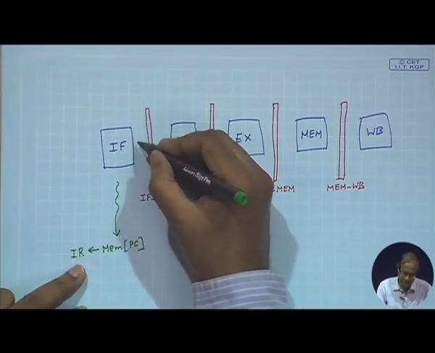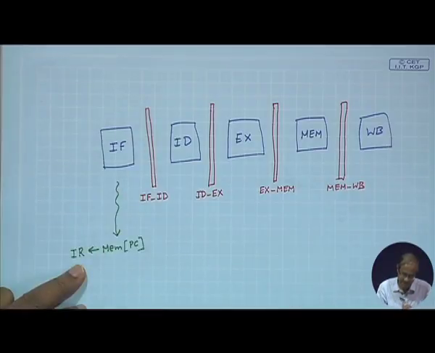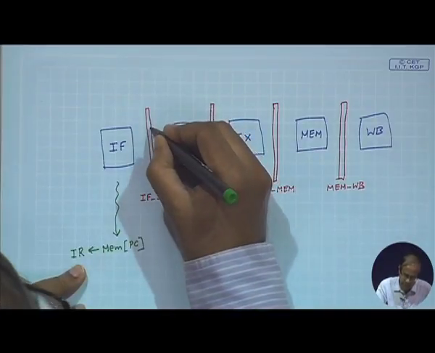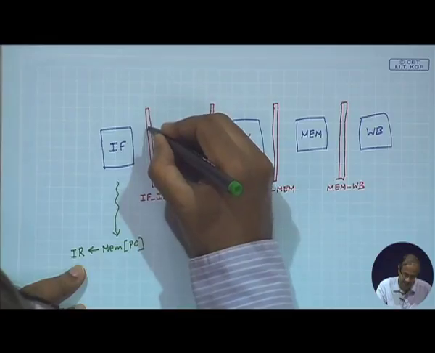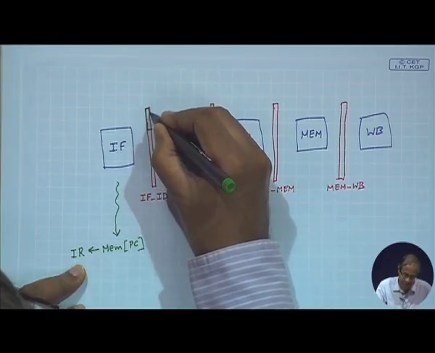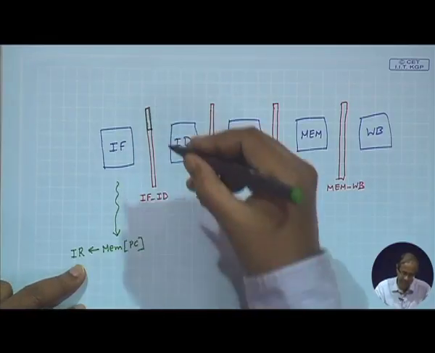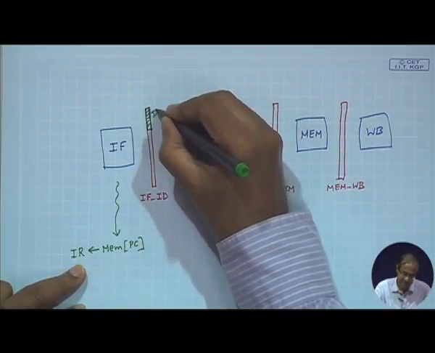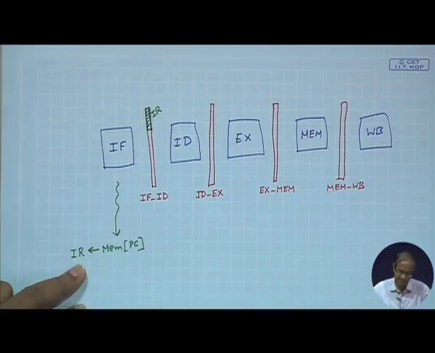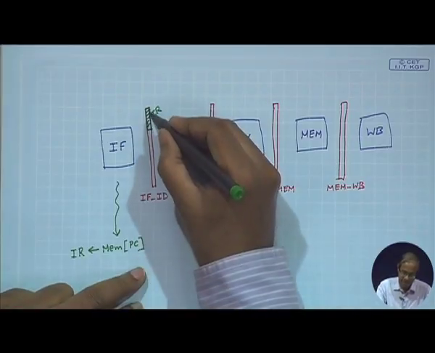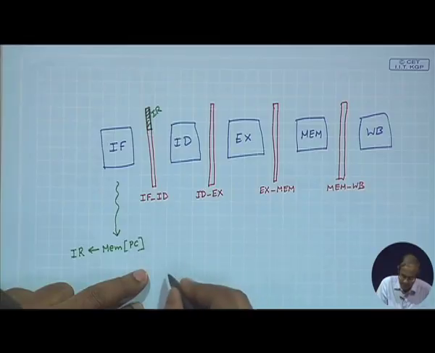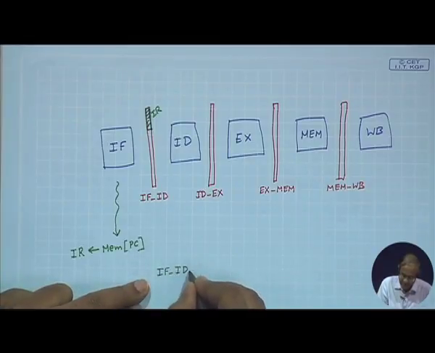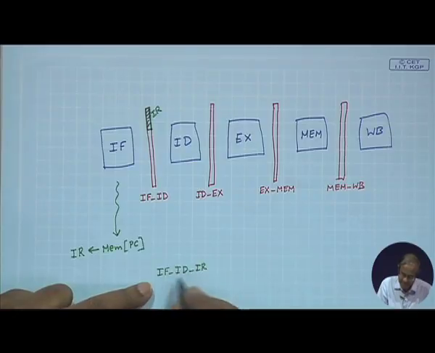Will it be some separate register inside IF? It is actually no. Just like in the example that we showed earlier, all temporary registers will be part of the latch or the register stages. Let us say this one itself can be IR. And this register we will be referring to as IF underscore ID underscore IR. This is the kind of naming convention we will be following.